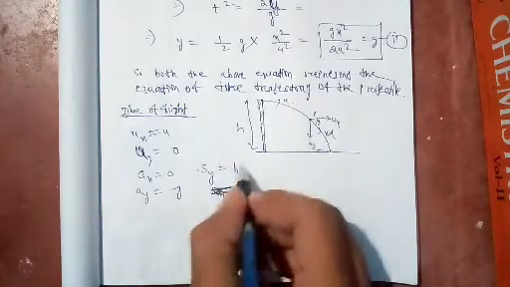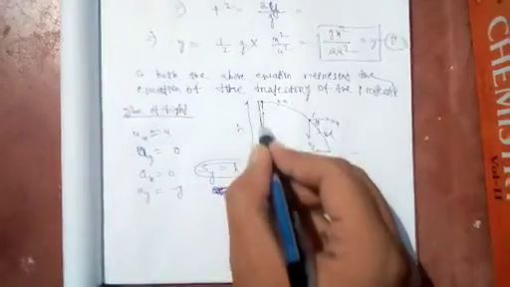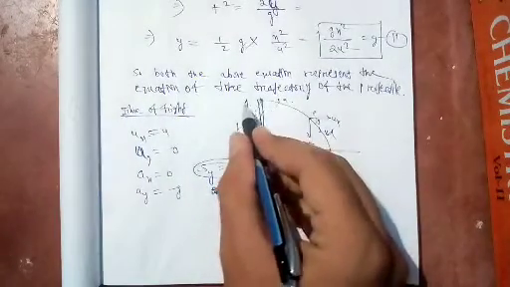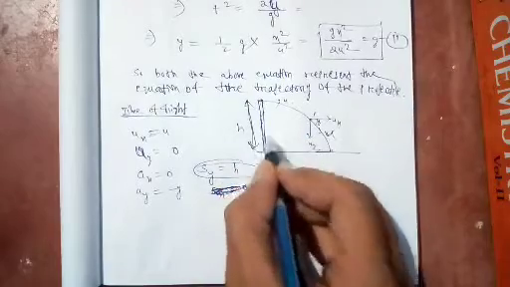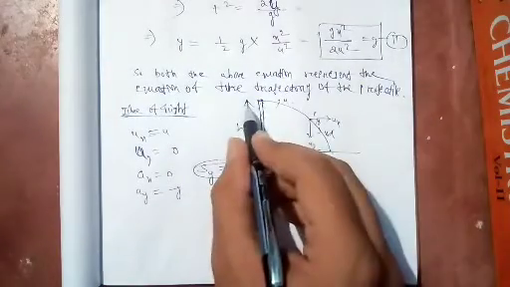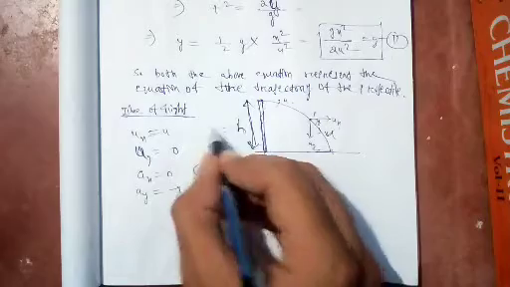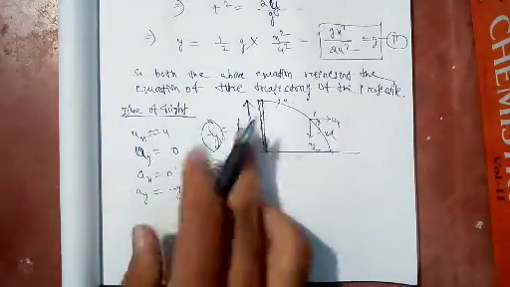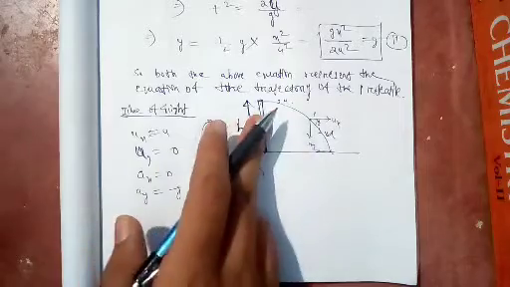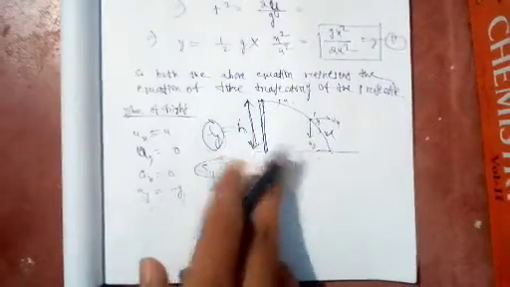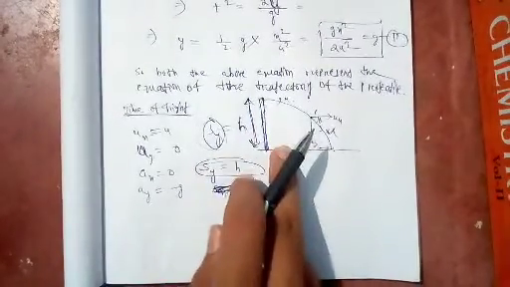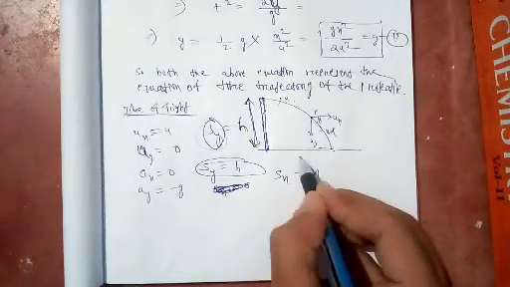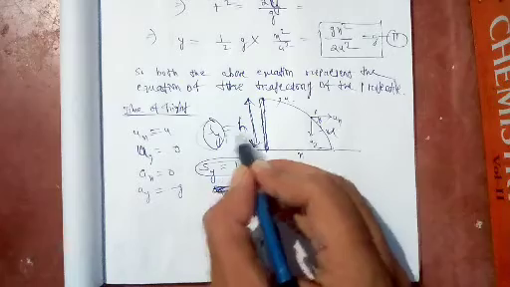We will take the displacement in the y direction because we will find out the time of flight, how much time it takes to reach the ground from the height h. That is the displacement in the y direction, so sy is equal to h.